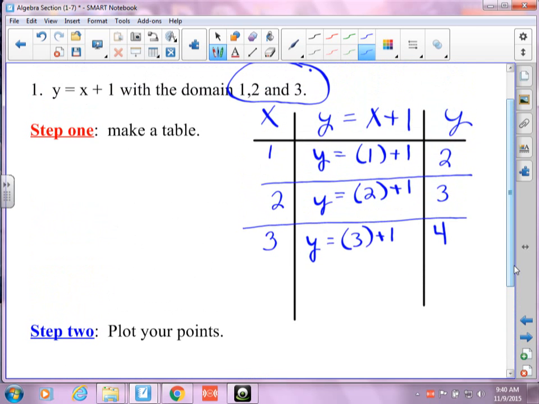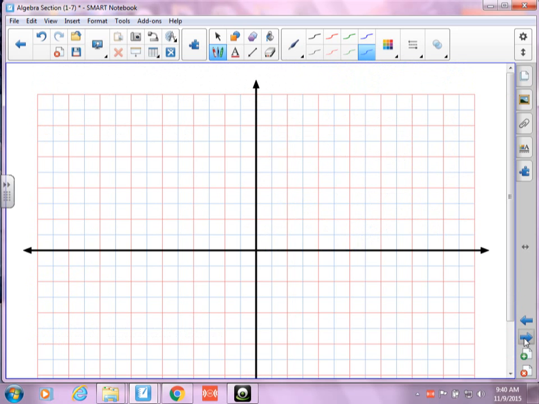So I'm going to take my graph. Notice that I've got the axes darkened in. Remember we talked the last time we met that we darken our X and Y axes. We could use pencil, marker, pen, or a highlighter. That highlighter would probably be the best.